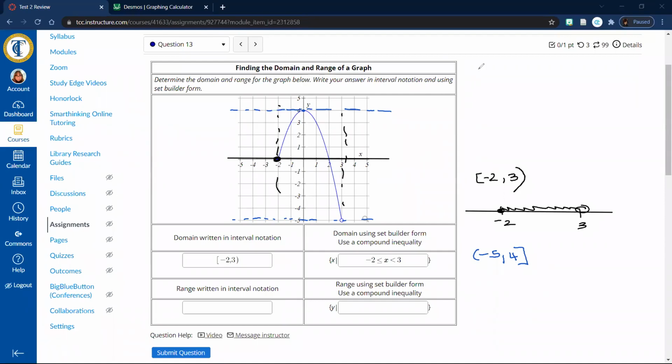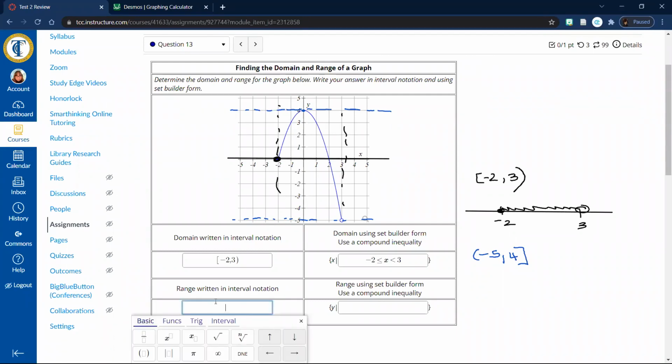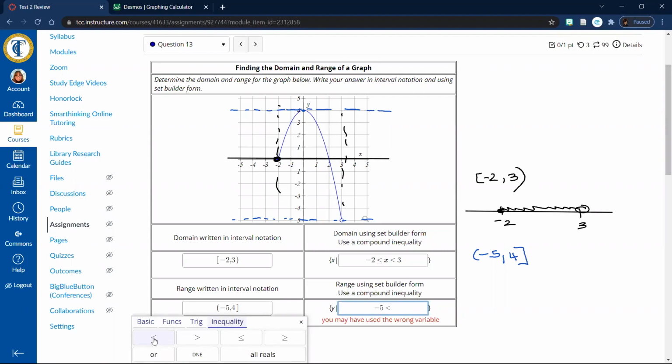Very good. So this would be, and let me bust out the interval for it. We'll do this one: -5, 4. And how would we write the range in set builder? -5 less than y, careful, why?